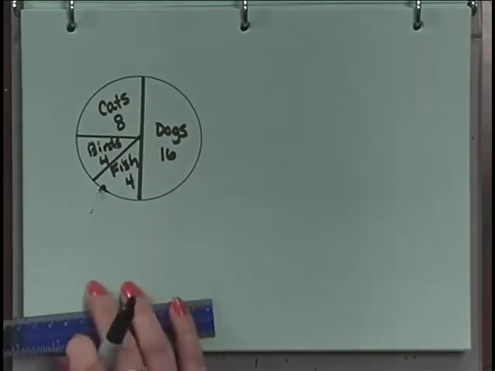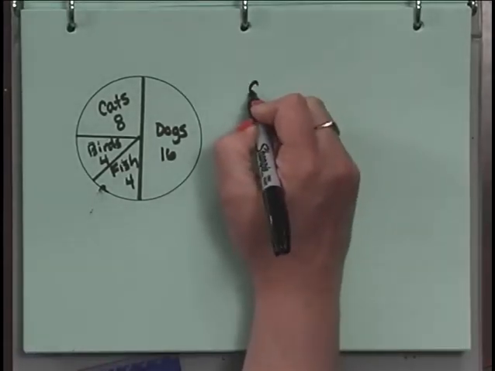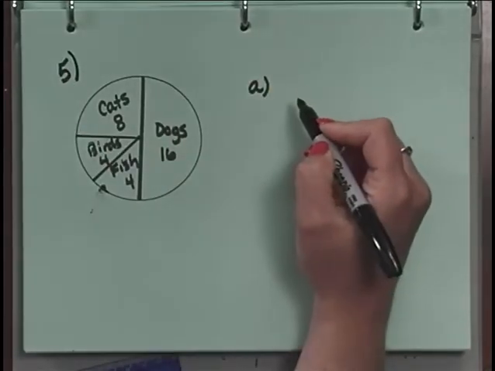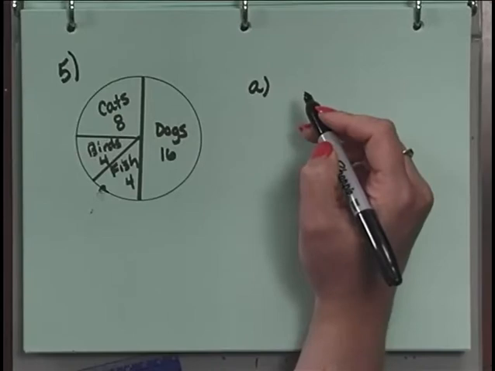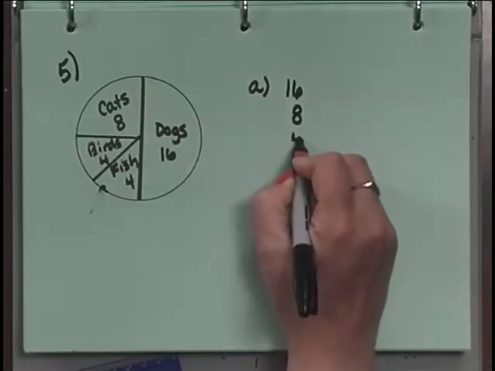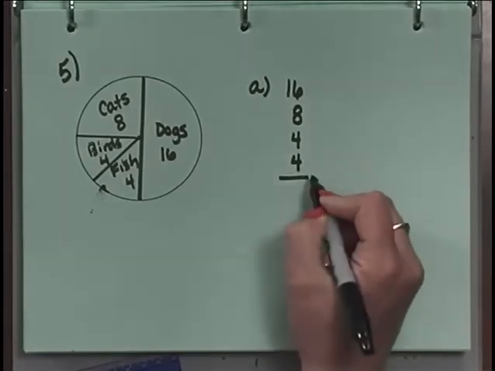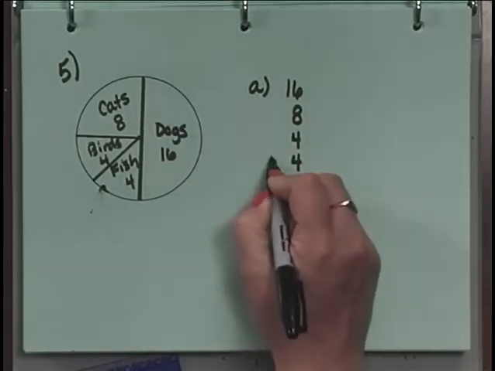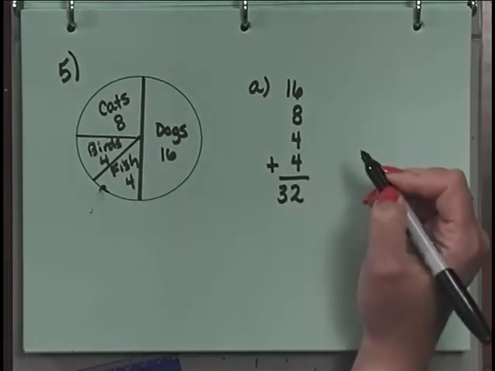Okay, so look at the questions you're being asked in example 5. First of all, how many pets are represented in the graph? Well, 16 dogs, 8 cats, 4 birds, and 4 fish have a total of 32. So there are 32 pets represented by the graph.